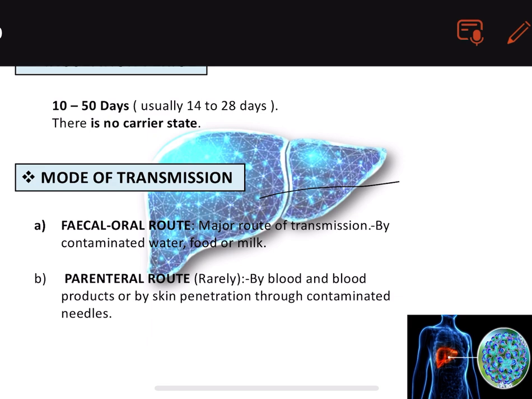The parenteral route is also possible, though very rarely, by blood products or blood transfusion, or by skin penetration through contaminated needles. Then we also have sexual transmission of HAV. As a sexually transmitted infection, hepatitis A may occur among homosexual men because of oral-anal contact.